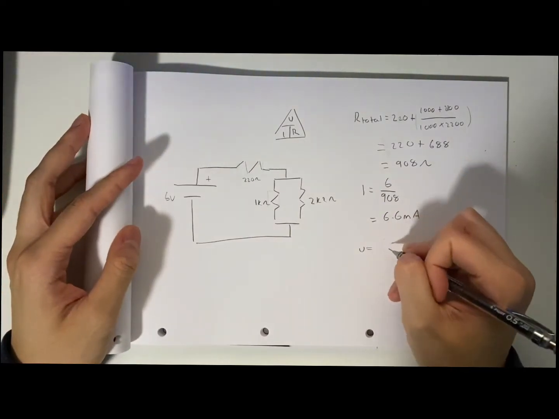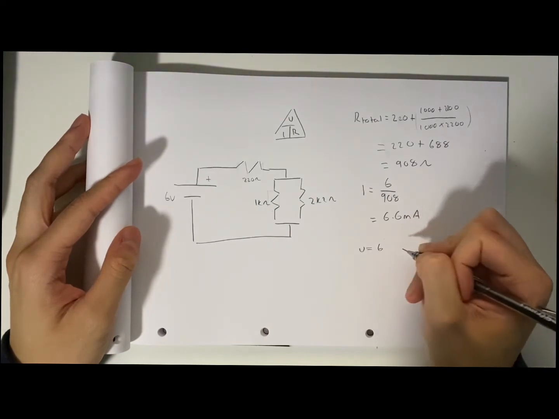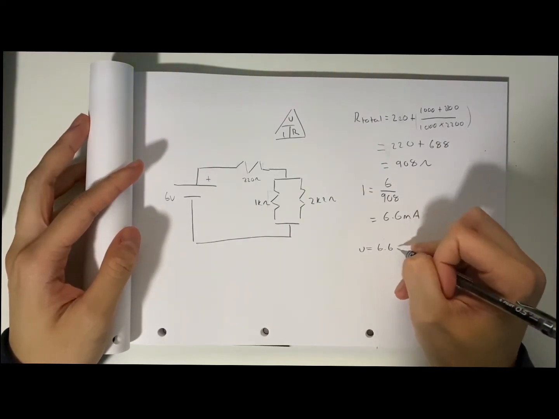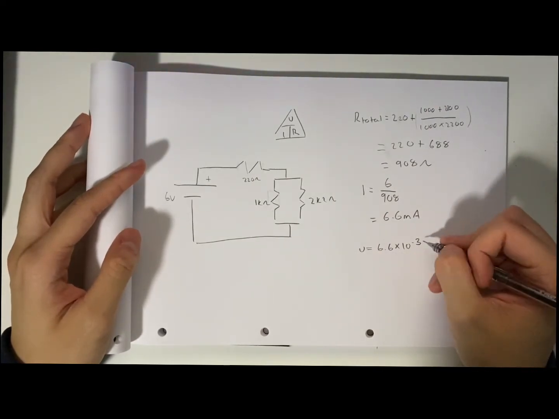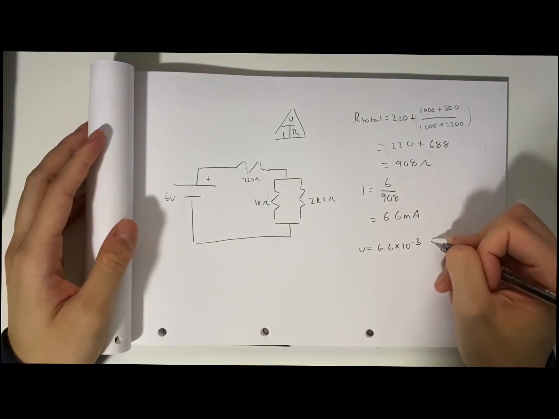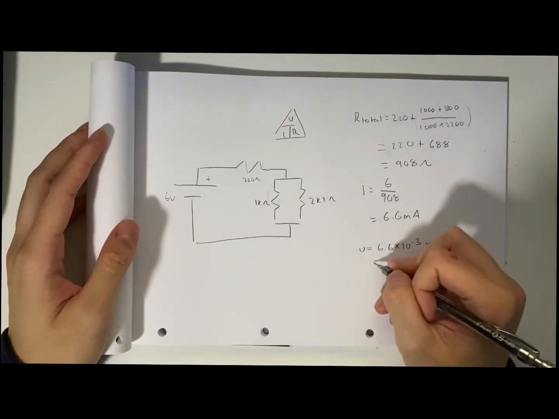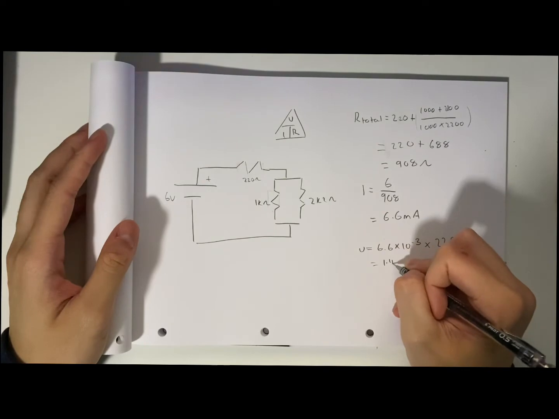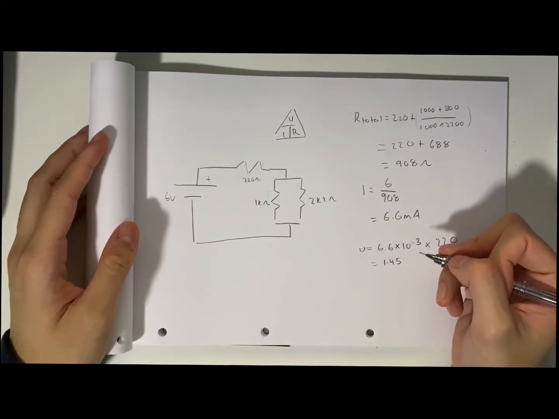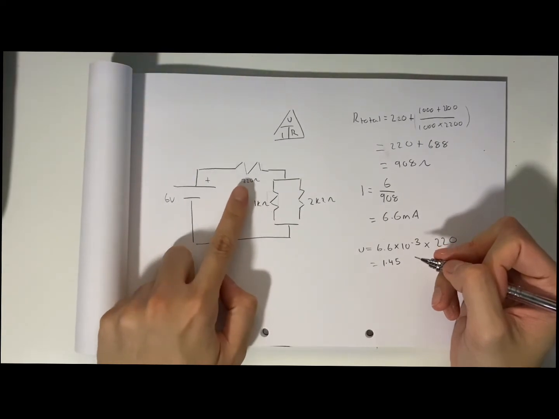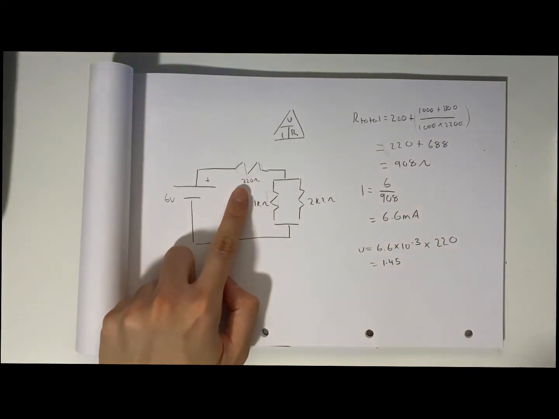So that equals 6.6 times 10 to the power negative 3, because milliamps, we need to convert it to amps, times 220. That gives us 1.45 volts. So this is 1.45 volts across this resistor right here.